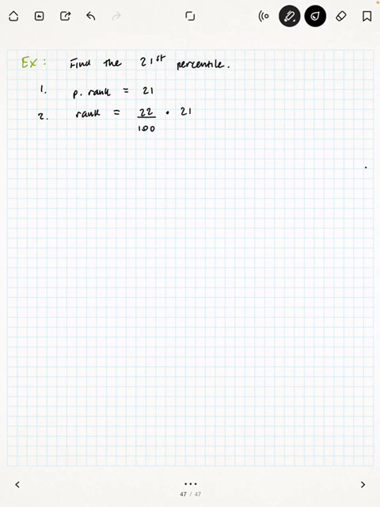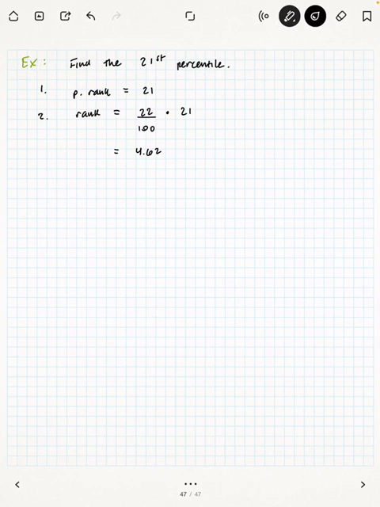And nothing cancels out very nicely here, right? Except for maybe dividing both of these by 2. So if we do this calculation, then what we would get is 4.62. So the rank isn't a whole number. What happens then? What do we do now? So we find the two data values around that rank.